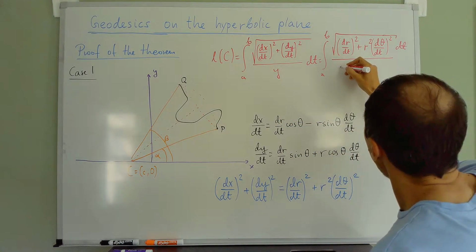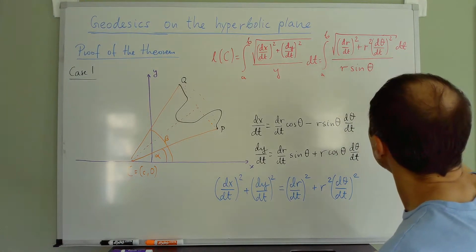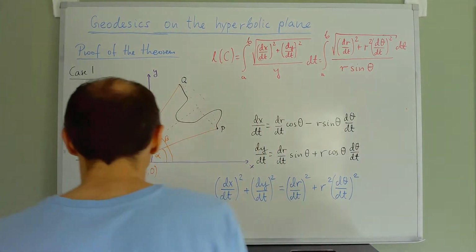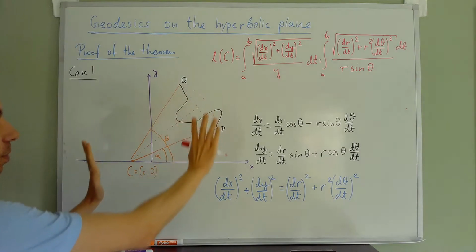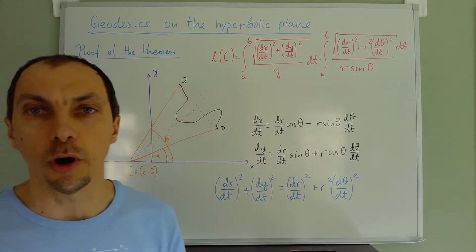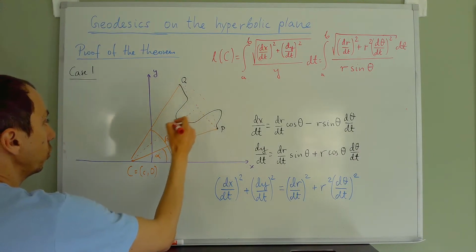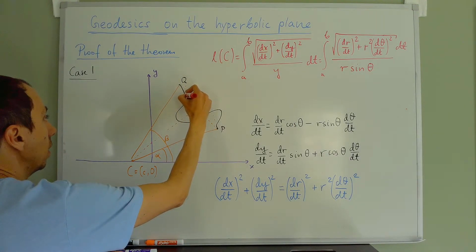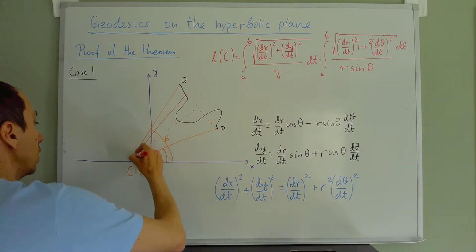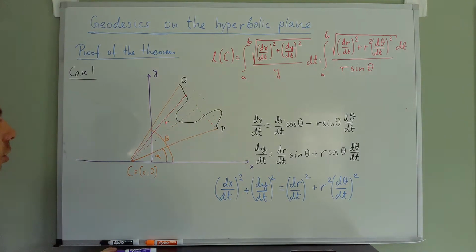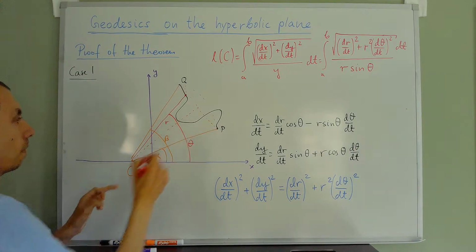Y was equal to r sine theta. Maybe just so that you have a clear picture of this polar coordinate system, I never on this picture drew where theta or where r are. So if you take any point on this curve, let's say here, then the r is the distance to the origin, sorry, not to the origin, to the point C, and theta is that angle, right?